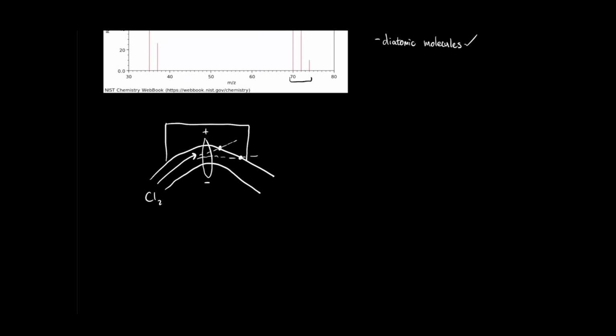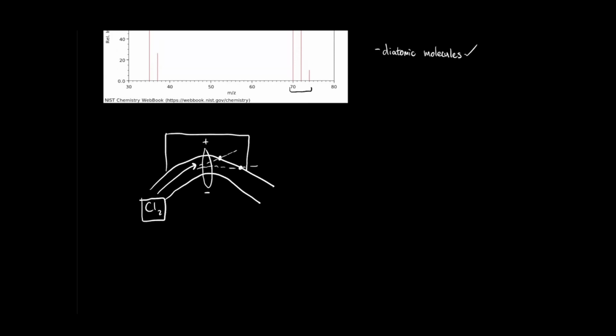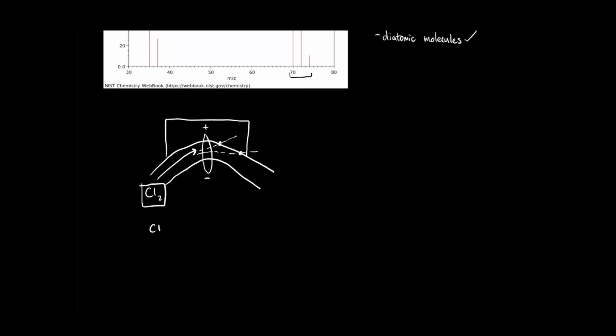Now, the important fact here is that it's a stream of all Cl2, which means that in forming the stream, a lot of naturally occurring ions can form. So not only are there Cl35 and Cl37 ions, there are also combinations of both.